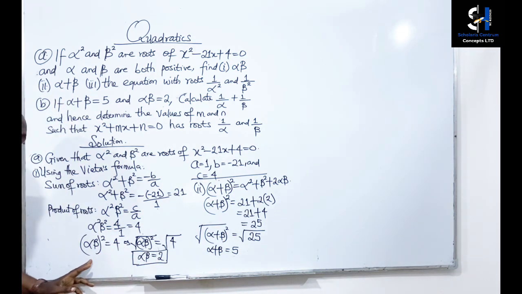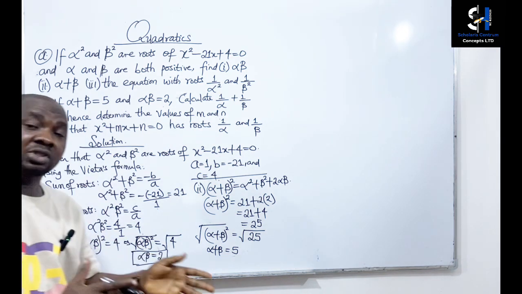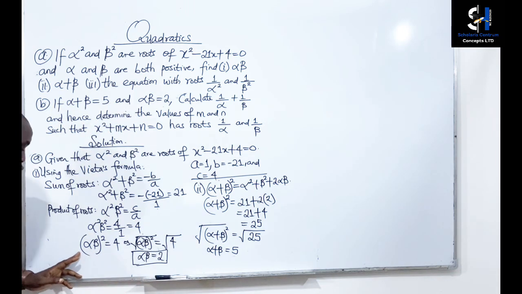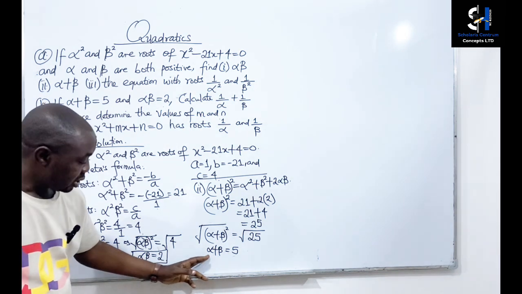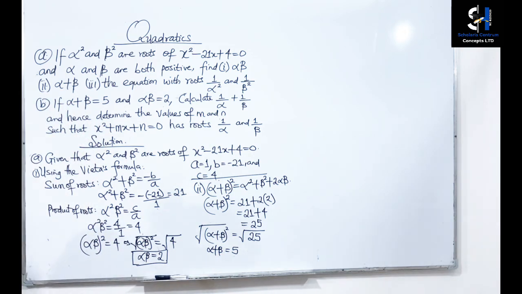That's exactly what I did here, so we're only considering the positive solution. Likewise, alpha beta is the square root of 4, which is 2. Then their sum will be equal to 5.